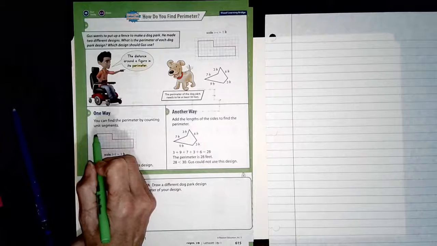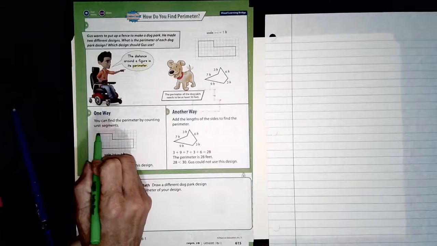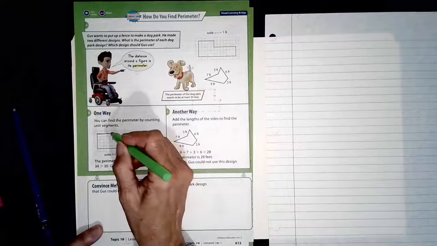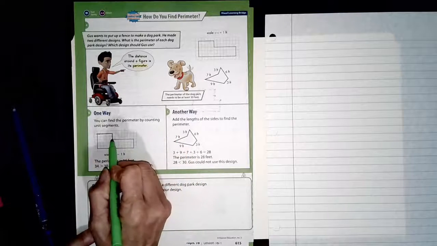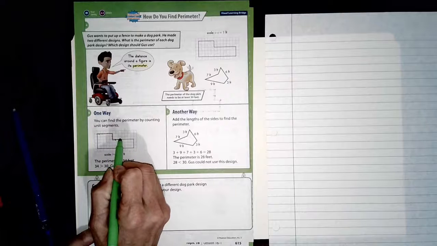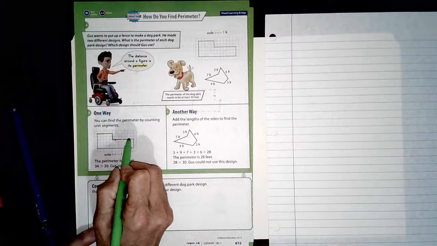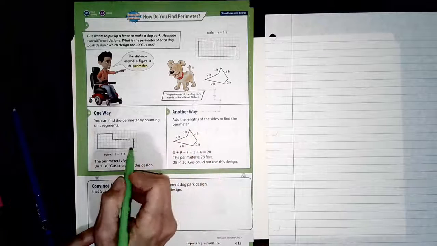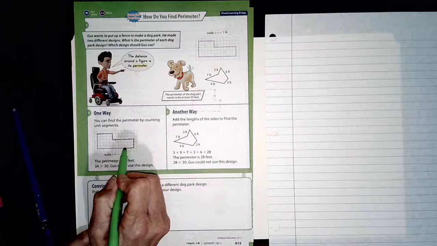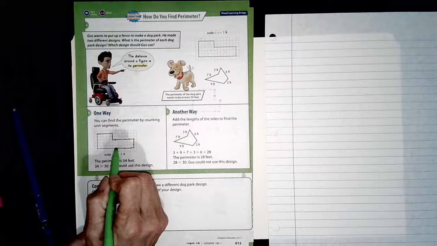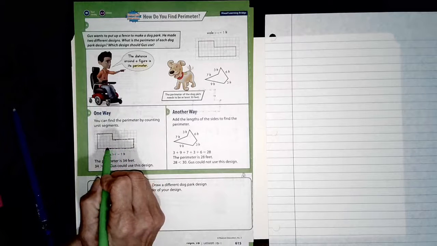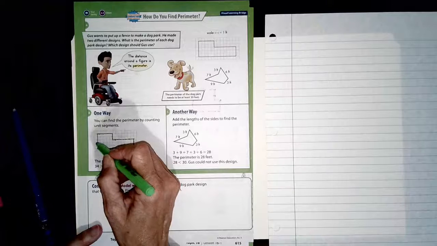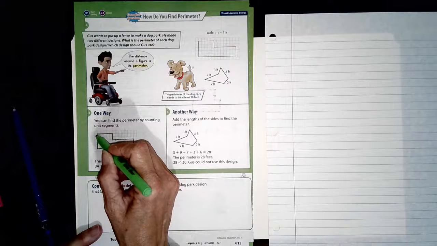And when I look right here, I can count 1, 2, 3, 4, 5, 6, 7, 8, 9, 10, 11, 12, 13, 14, 15, 16, 17, 18, 19, 20, 21, 22, 23, 24, 25, 26, 27, 28, 29, 30, 31, 32, 33, 34.